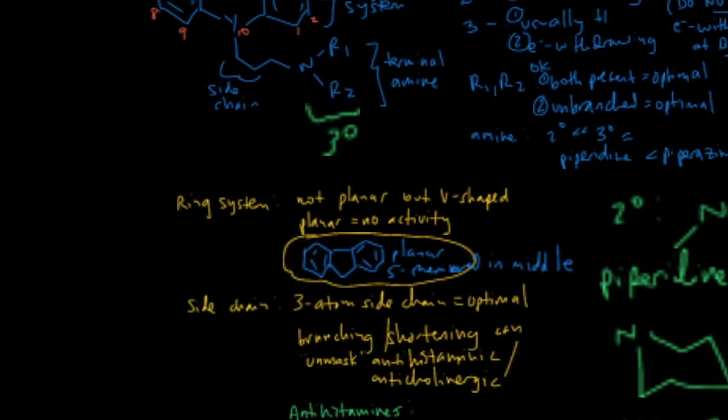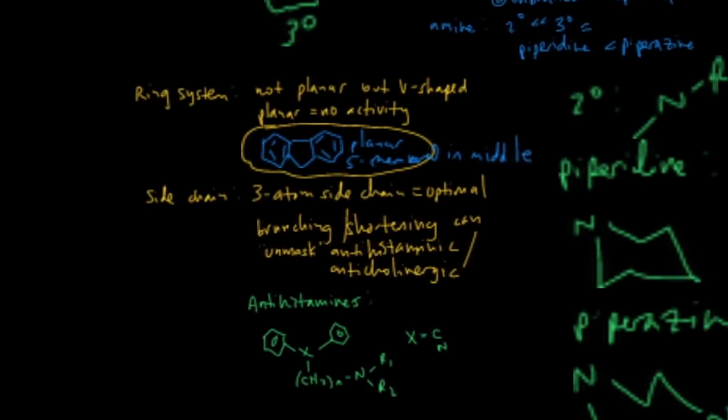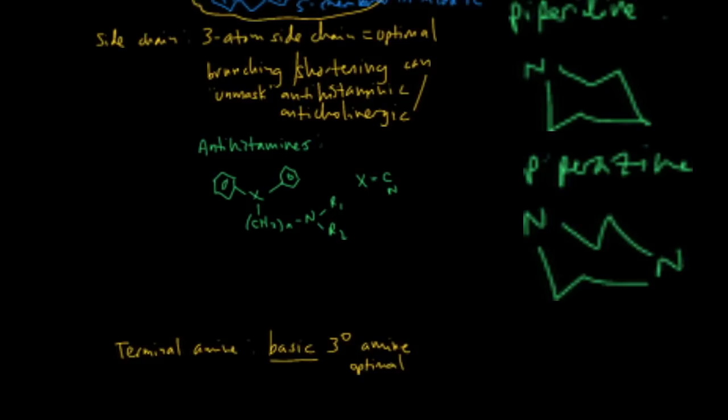Why are 3 carbons optimal? Well, anything less produces more of an antihistaminic drug.